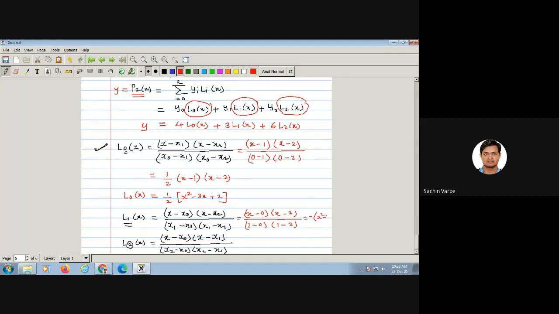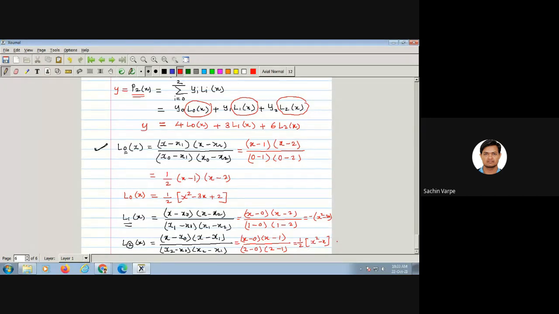Am I right? Please check the calculations. And here when I substitute x minus 0, x minus 1 upon x2 which is 2, so 2 minus 0, 2 minus 1. How much is this? This is 1. So 1 by 2 times x square minus x.